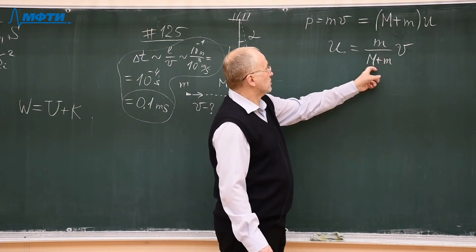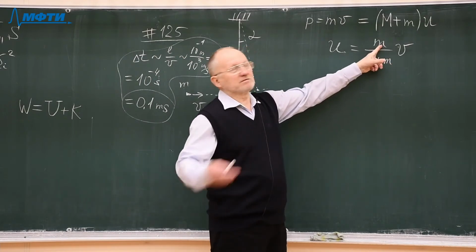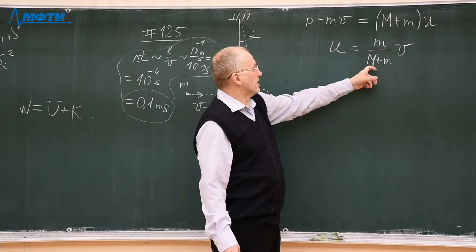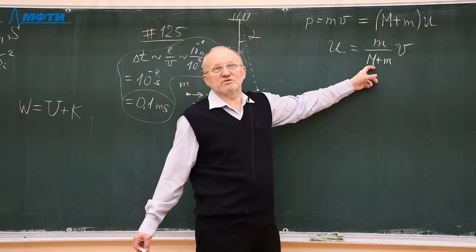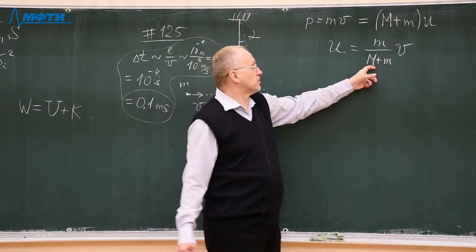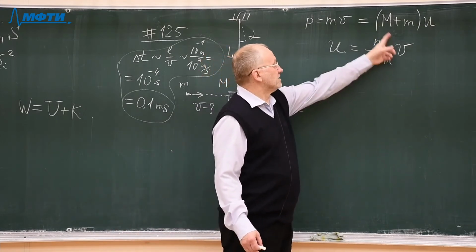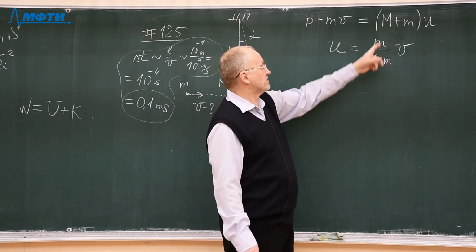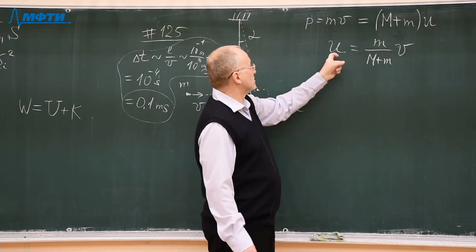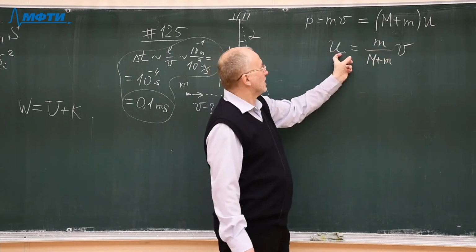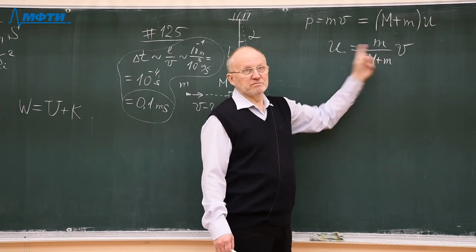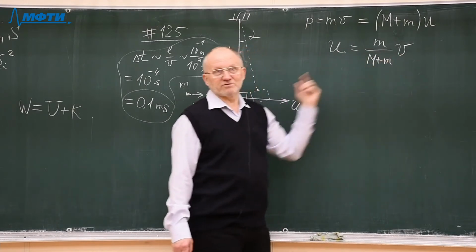The mass of the bullet may be about 10 grams approximately, and the mass of the box may be several kilograms. So the denominator in this fraction may be about 1,000 times larger than the numerator. So the velocity u may be approximately 1,000 times less than the initial velocity of the bullet.